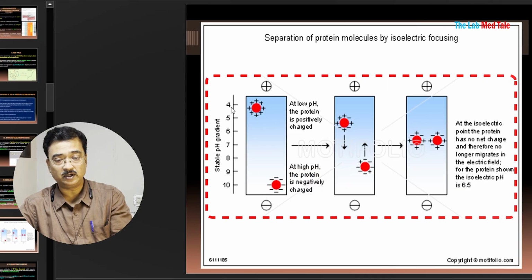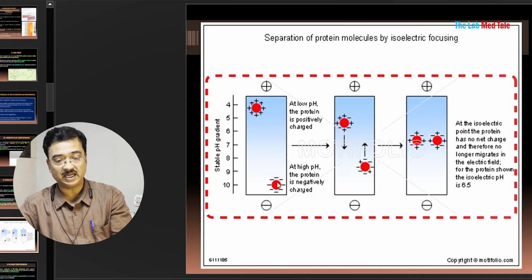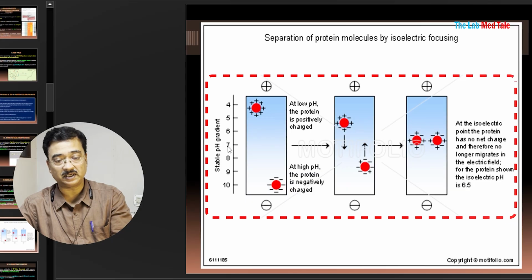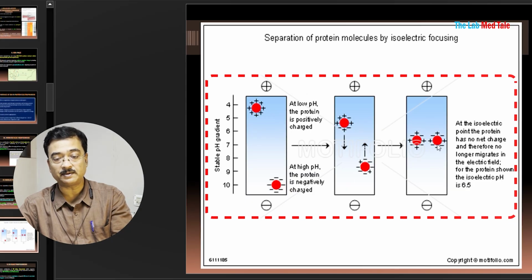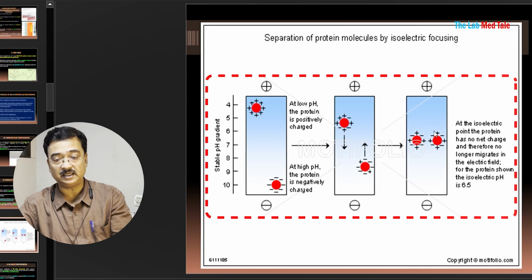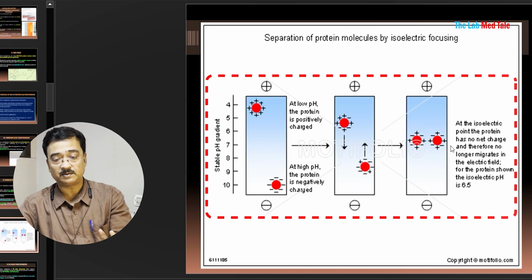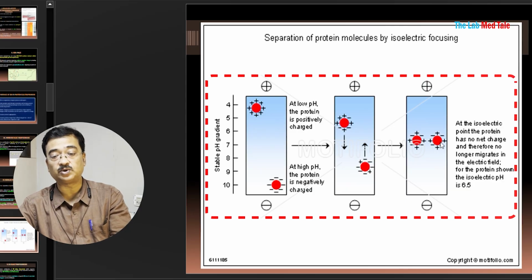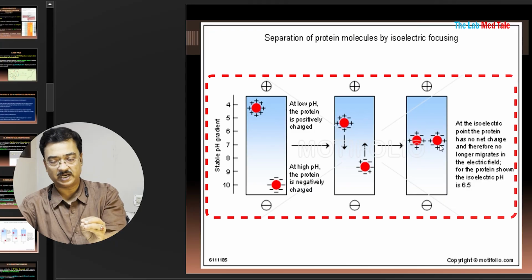Suppose a molecule at 4 is a strongly cationic molecule. At 10, it is a strongly anionic molecule, but it has an isoelectric point of 7. So when it reaches the point 7, in that particular area, the molecule has equal positive and negative charge. That means, as per the electronegativity or positivity, the molecule is 0 at its point.